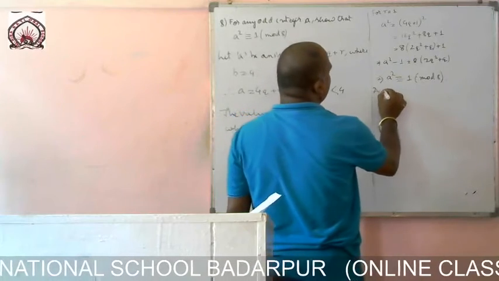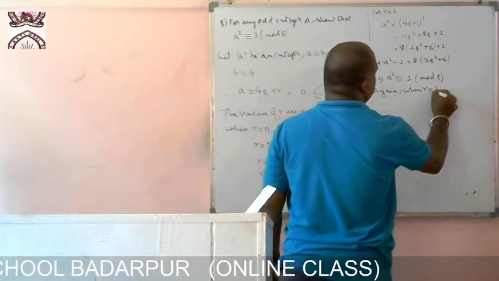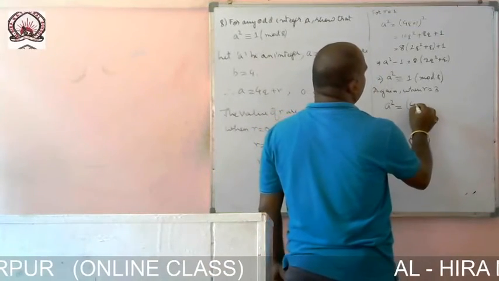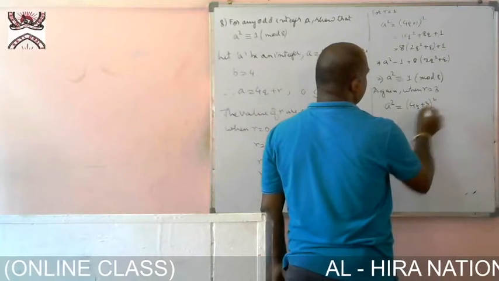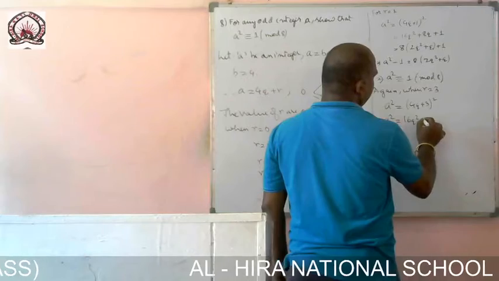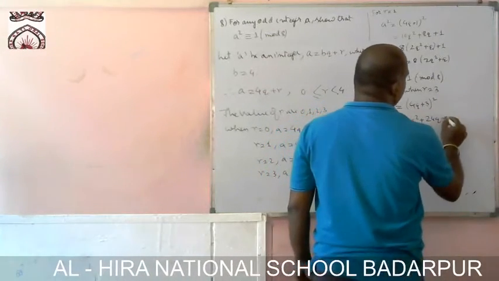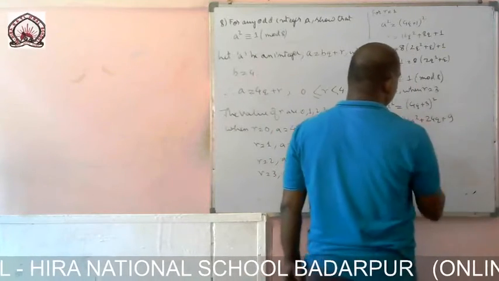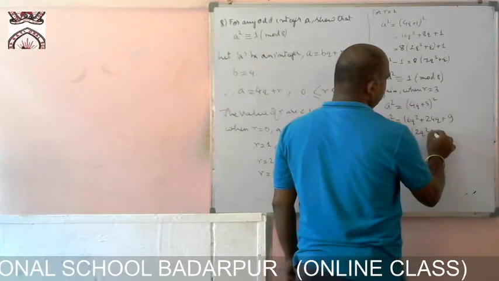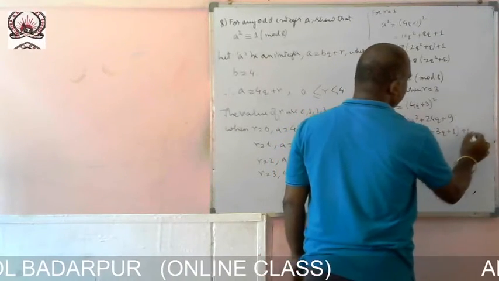Again, when r equal to 3, then a square equal to (4q plus 3) whole square. Implies a square equal to 16q square plus 24q plus 9. Here 8 is common: 8 times (2q square plus 3q plus 1) plus 1.